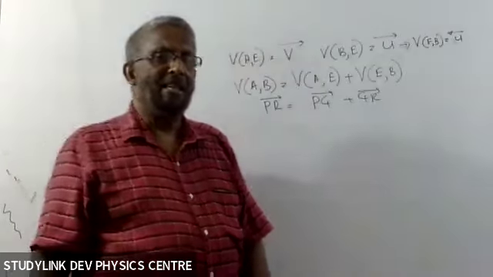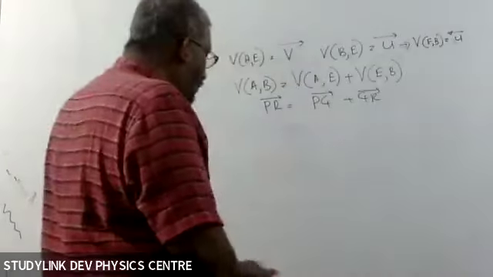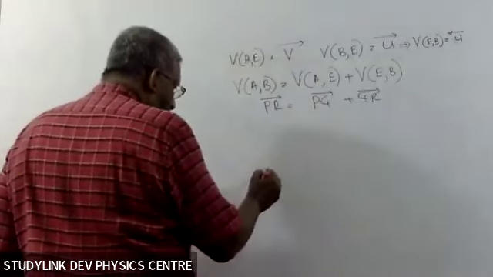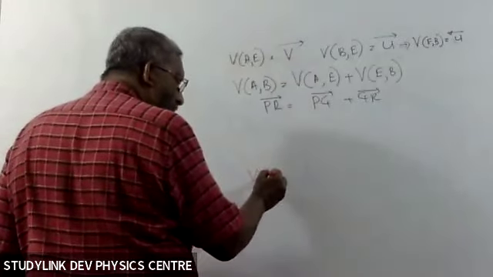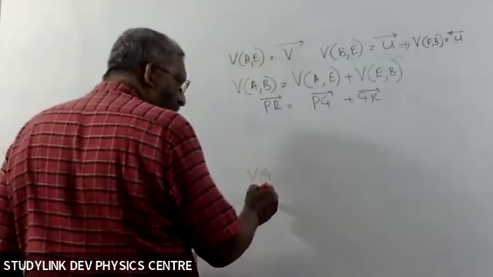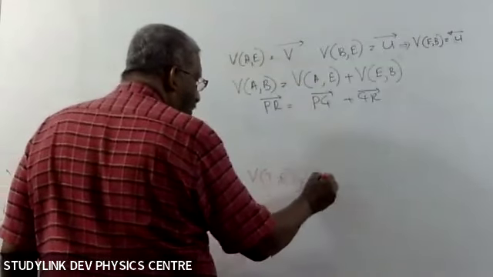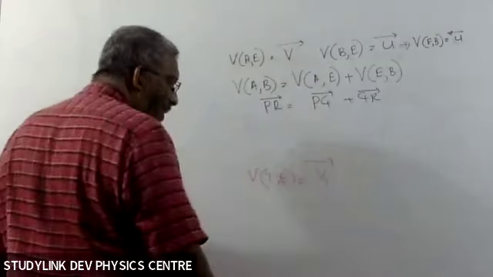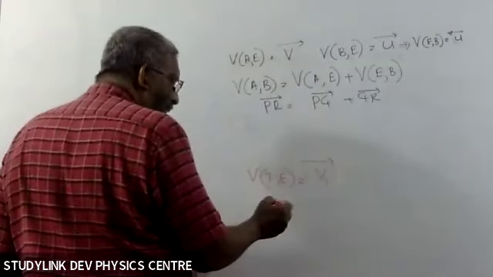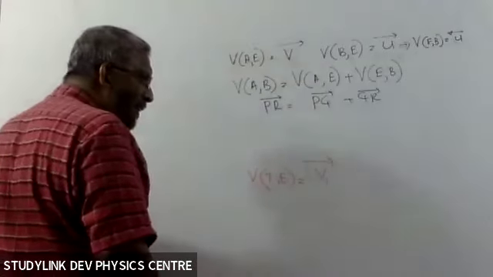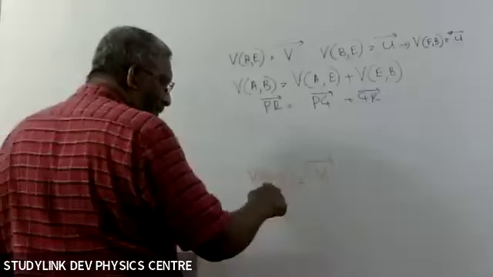That means the first one is the velocity of the train, which the person inside will say, relative to the earth, is towards this direction, V1. Then for the second one, the observer is in the train.